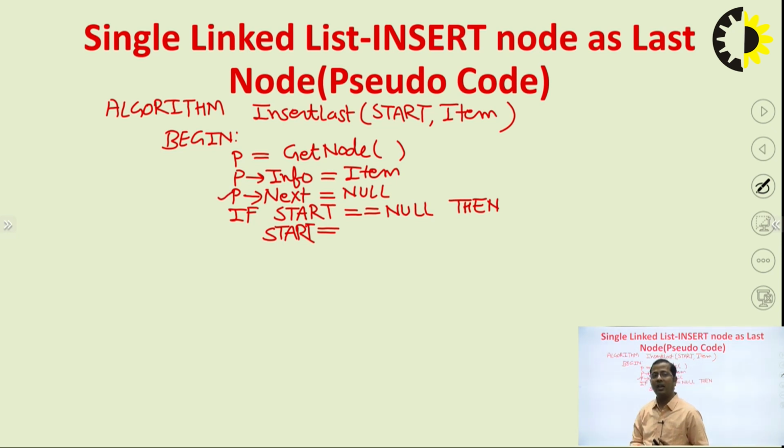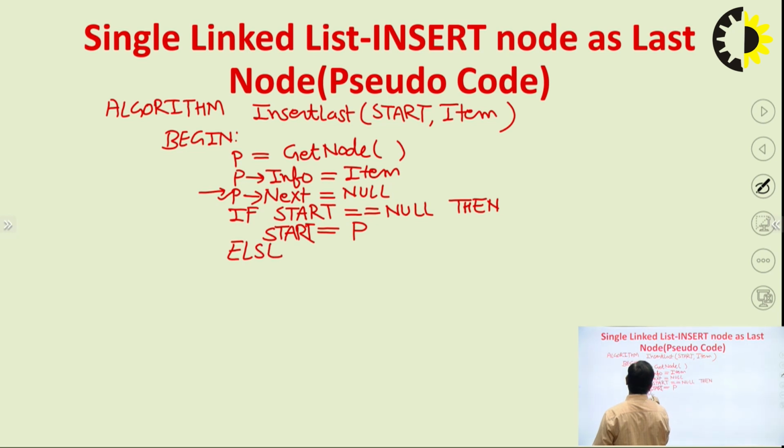When the list is empty, start will contain null. So if we write p arrow next equals to start, that line will be replaced by this line, p arrow next equals to null. Now we have to write a single statement only. Start will point to that node, the last node inserted as a first node. So start will point to the newly inserted node. Start will contain p.